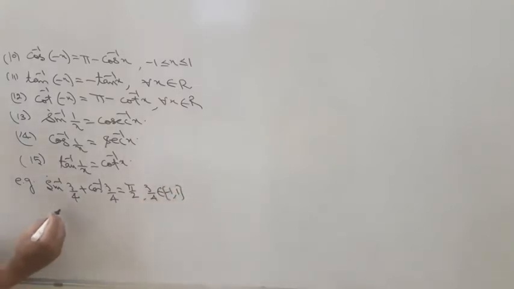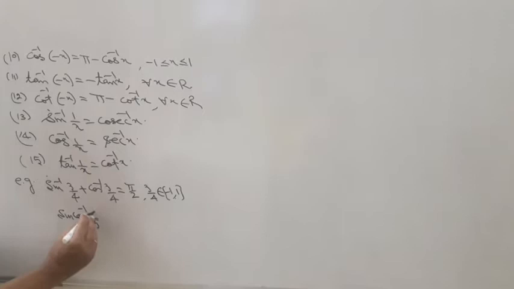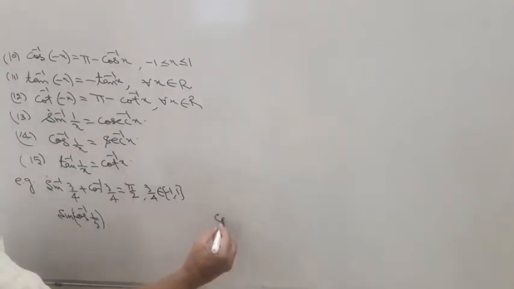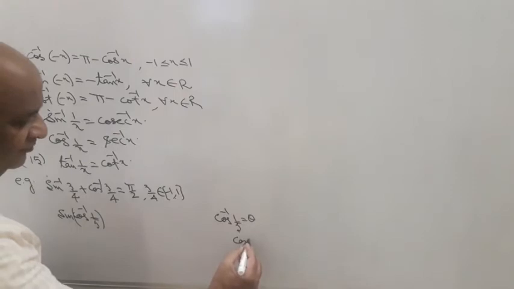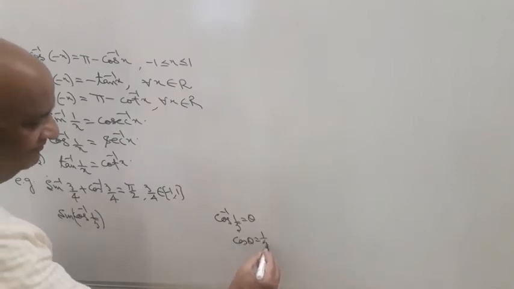Then say, evaluate sine of cos inverse 1 by 5. Look, he says evaluate sine of cos inverse 1 by 5. For this case, cos inverse 1 by 5 you can put as equal to theta. So cos theta is 1 by 5.